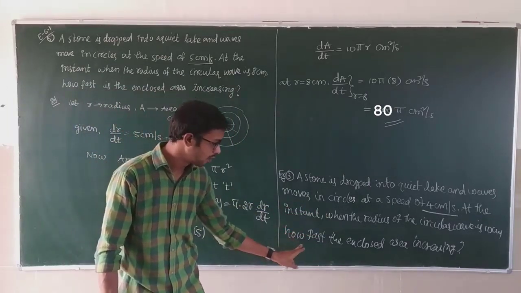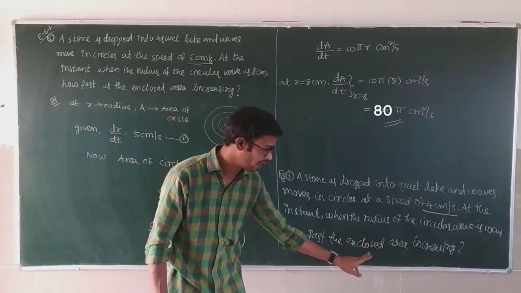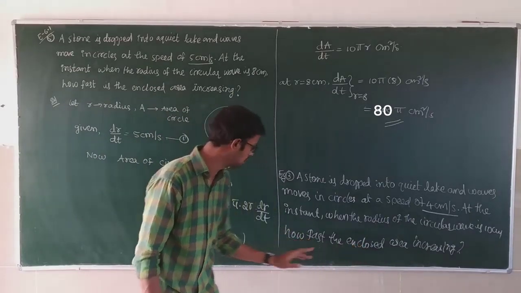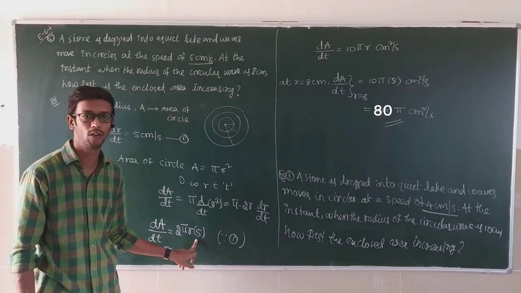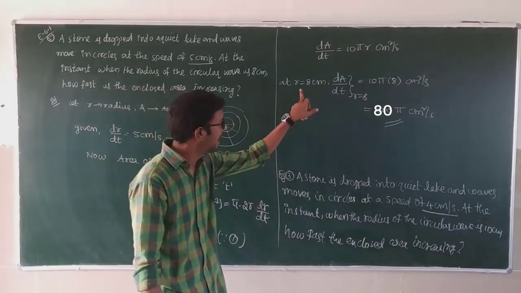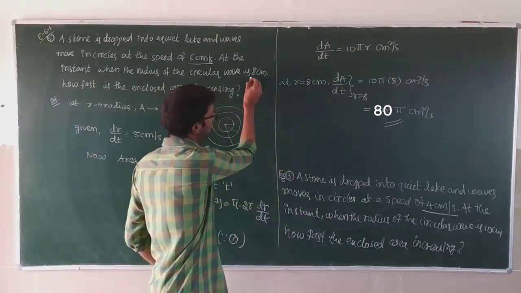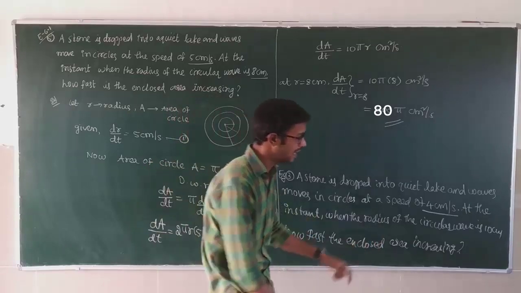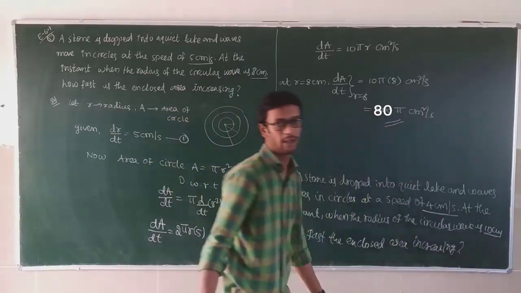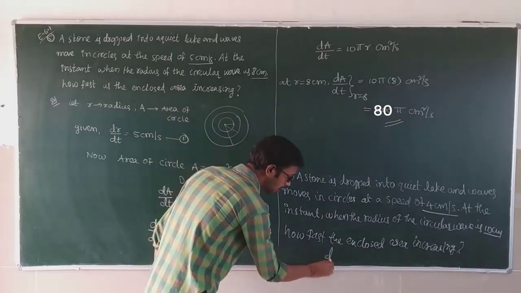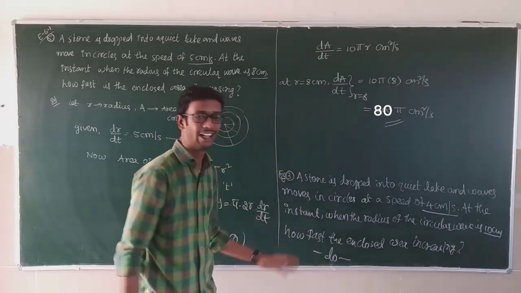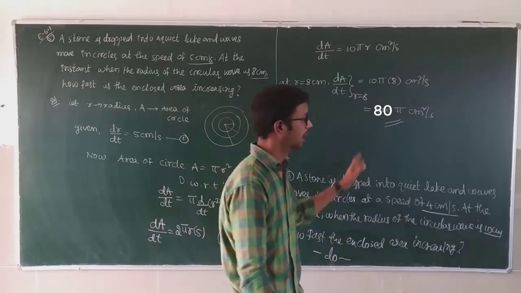So for the increase in enclosed area, what we have to find? Same to same, substitute this dr by dt as 4. Next, in the earlier problem r is equal to 8 centimeter is given. Here r is equal to 10 centimeters. So do this one as homework. Leave the space for this problem and copy this problem.